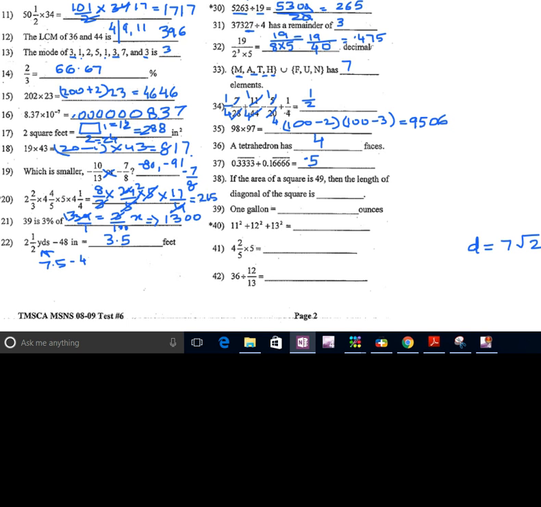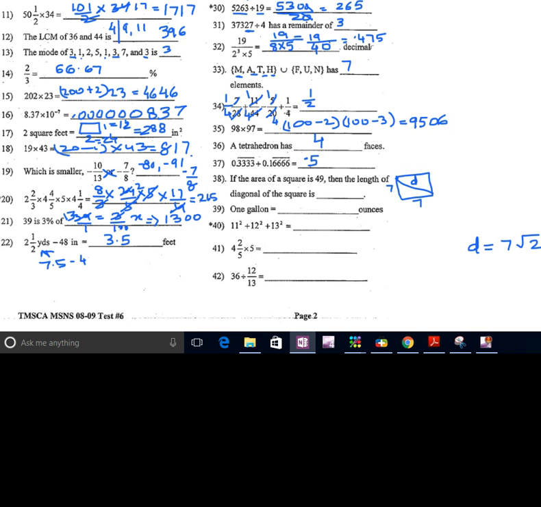If the area of a square is 49, then the length of the diagonal of the square is how much? So think of this like this. This is a square with an area of 49, so that means each side is 7. And then they're asking what is the length of the diagonal D over here.